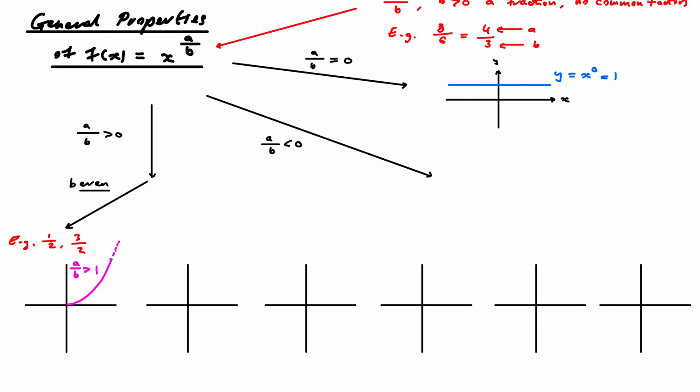But if A over B is strictly less than 1, then you curve like this. Dot, dot, dot. So this corresponds to A over B, well, remember A over B is positive, strictly less than 1.